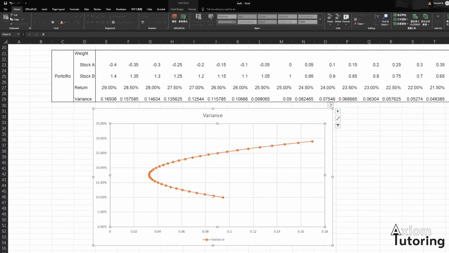Now, as you can see, we have more data points, not just on the same curve, but we sort of extended that curve from both of its ends. We're now being given more choices, or more portfolios, but not all of them are better, because these portfolios are still strictly dominated.